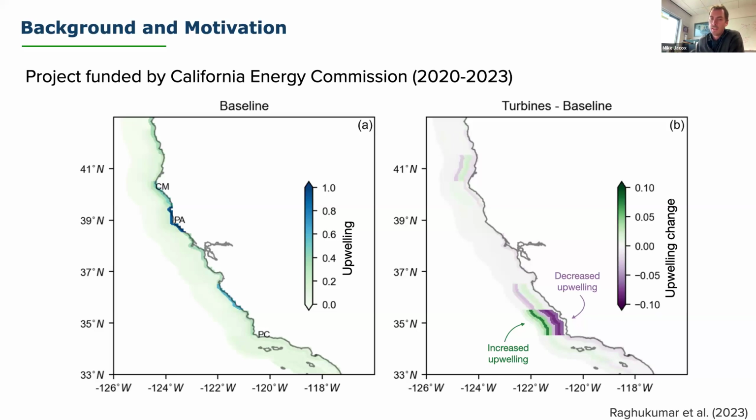On the right here, I've highlighted these purple and green areas where closer to shore you have this decreased upwelling, and farther from shore you have increased upwelling, such that the total is little changed, if at all, but the spatial structure is changing. And so this raised questions about what might the impacts be of these physical changes on the ecosystem.